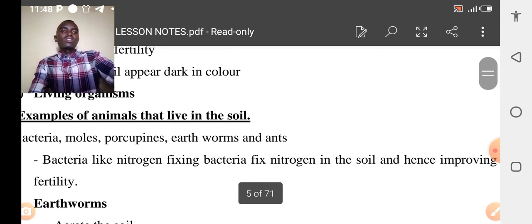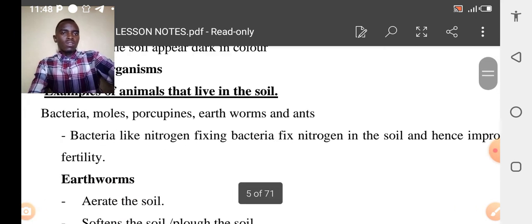Bacteria like nitrogen-fixing bacteria fix nitrogen in the soil and hence improve soil fertility.